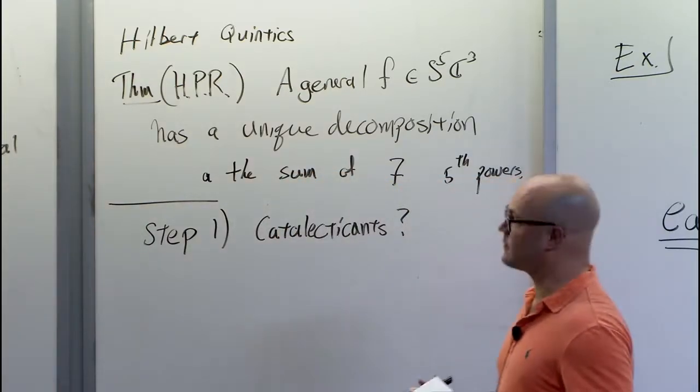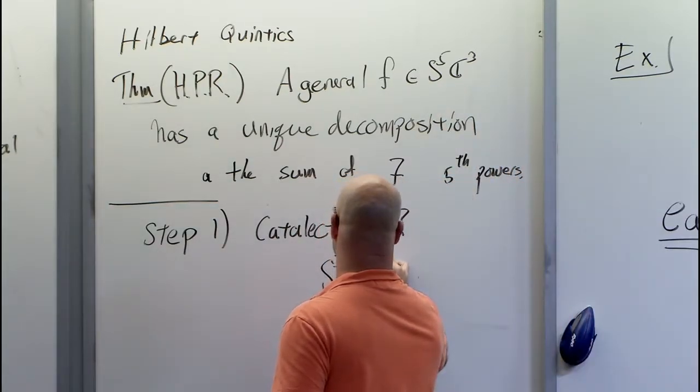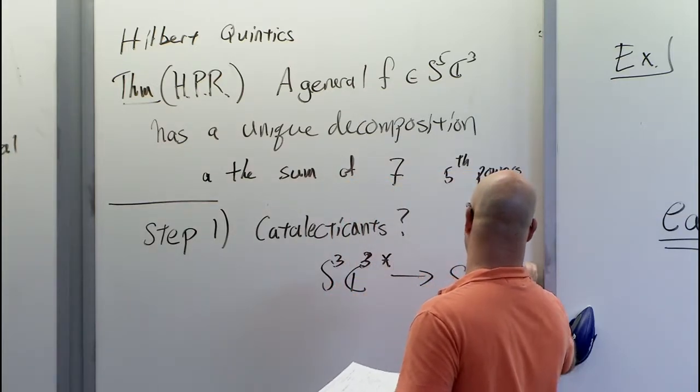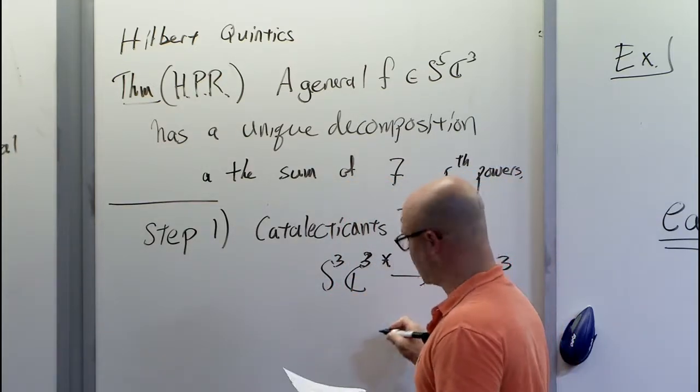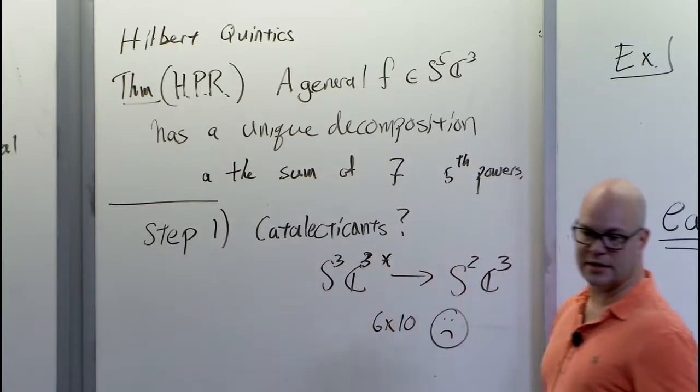What are the sizes of the possible catalecticants that I can have here? Well, they're going to be Sym^3 of C^3 star to Sym^2 C^3. This is a 6 by 10. This cannot detect rank 7.